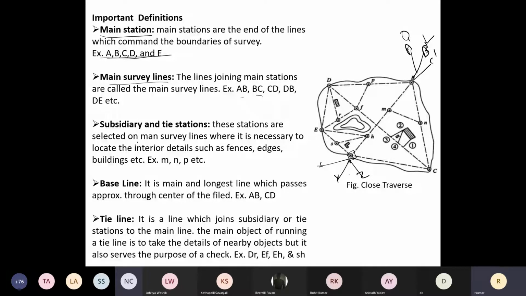Then subsidiary and tie stations. What is written there? These stations are selected on main survey lines where it is necessary to locate the interior details.